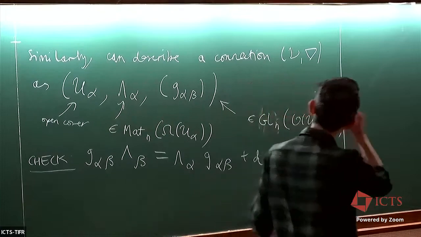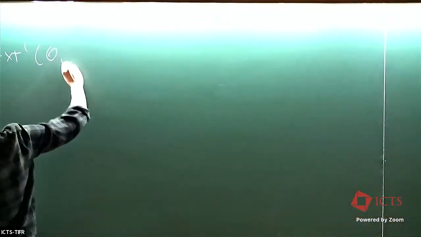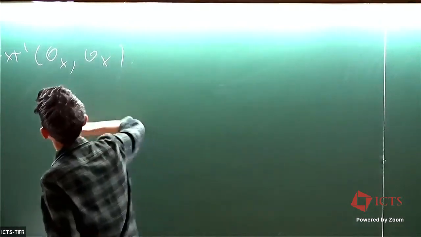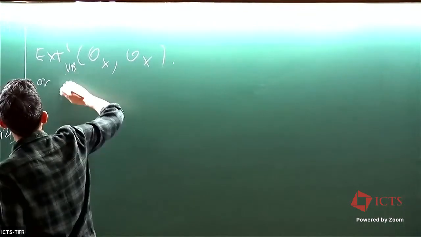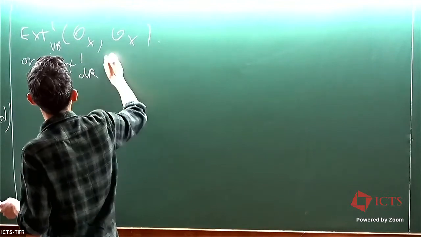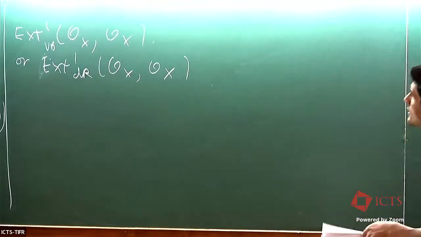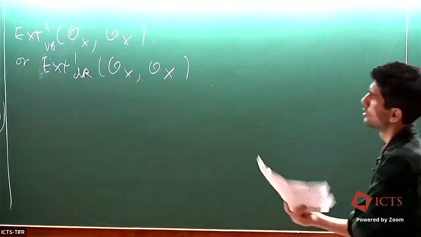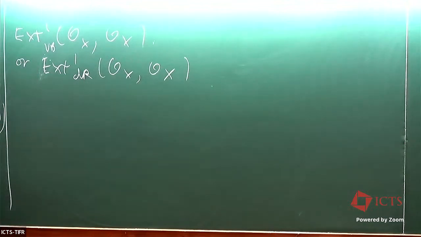Okay, so how does this let us describe the category of vector bundles with connection? Take O_X with its constant connection by itself. If we fix some open cover U_alpha, then we can describe the constant vector bundle O_X.